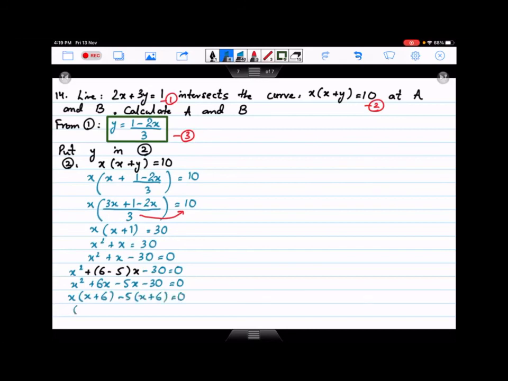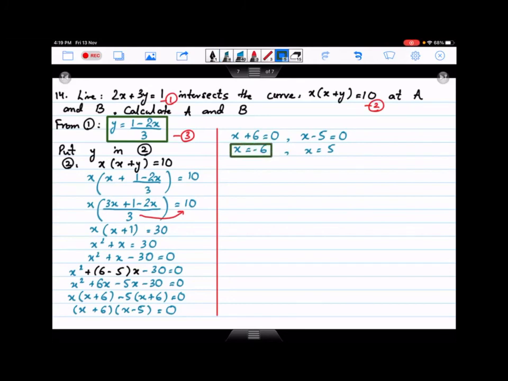So now you can see x plus 6 is common again, and the remaining values are x minus 5. So what we do, we take both values equals to 0. So it should become x plus 6 equals to 0, and x minus 5 is equals to 0. So now x should be minus 6, or x should be equals to 5. So we have two values of x.